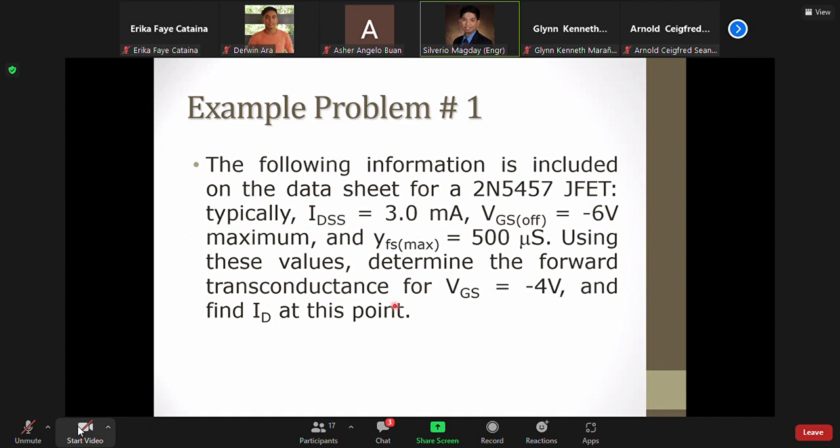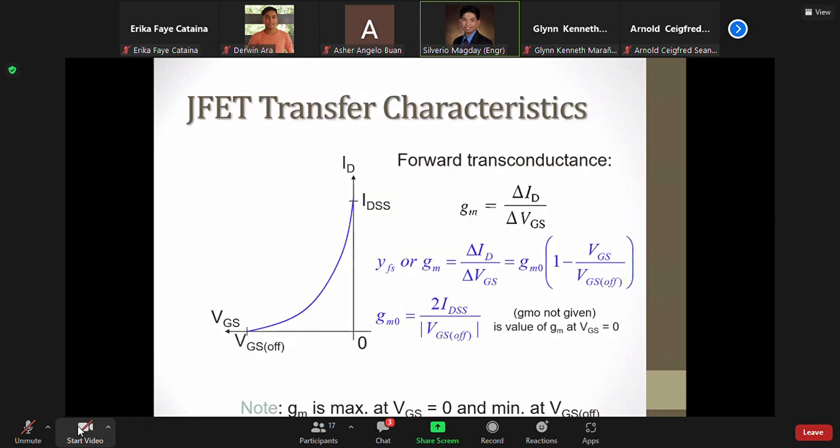So for the ID, so for the forward transconductance, yung gm, gamitin lang natin yung formula kanina.